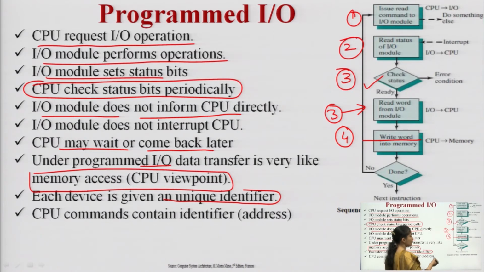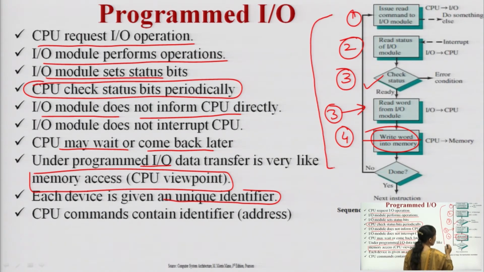We have to write the word into memory or read from memory. So this is the transfer of 1 byte. If it is done, yes, the next instruction will be executed. If it is no, then CPU and memory communication for the 1 byte is continuously taking place.